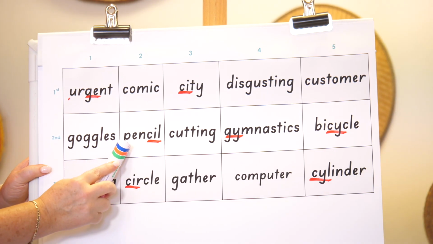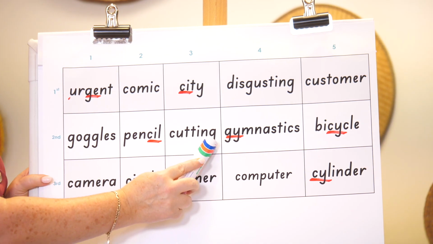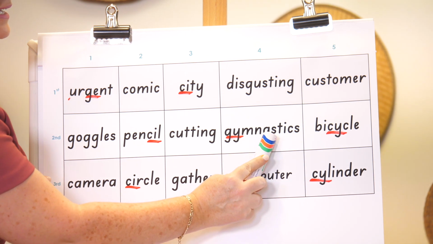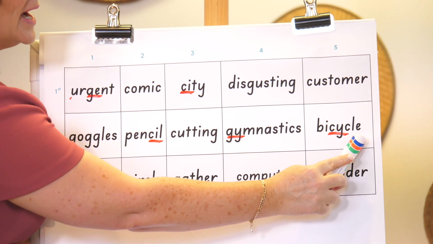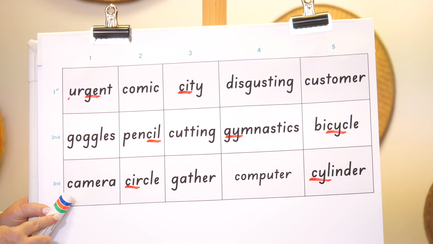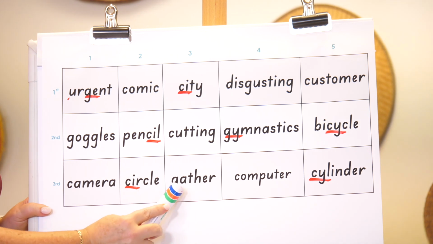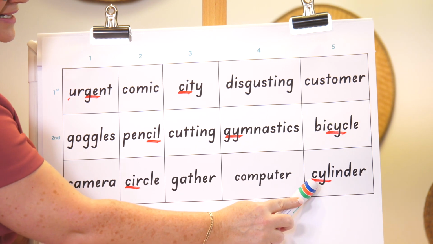Goggles, pencil, cutting. Let's sweep the syllables. Gymnastics, bicycle, camera, circle, gather, computer, cylinder.